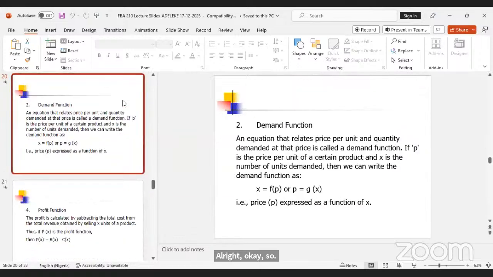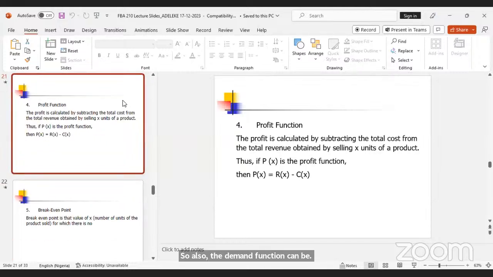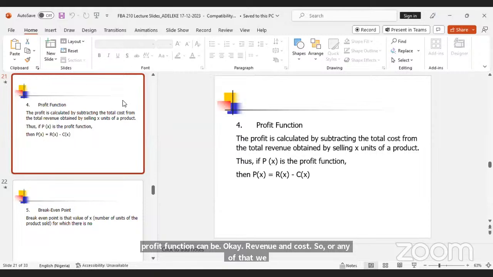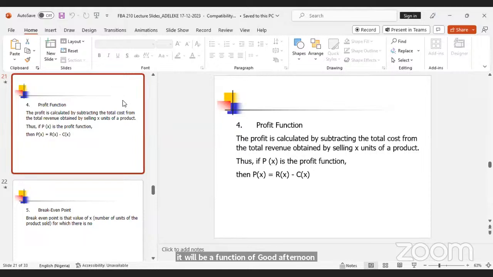So also the demand function can be clearly defined. The profit function can be defined. The profit function can be a function of revenue and cost, or any other way that it has been defined, but generally a function of revenue and cost.